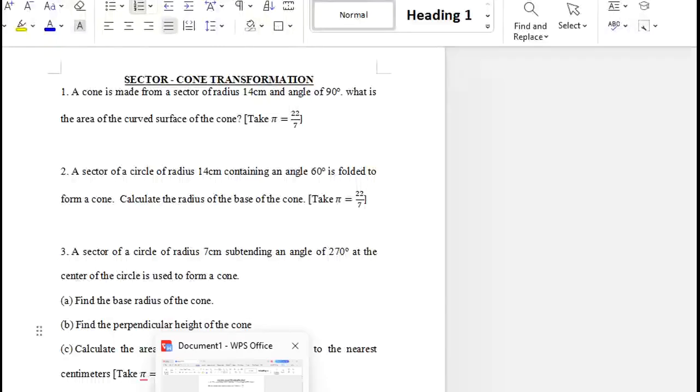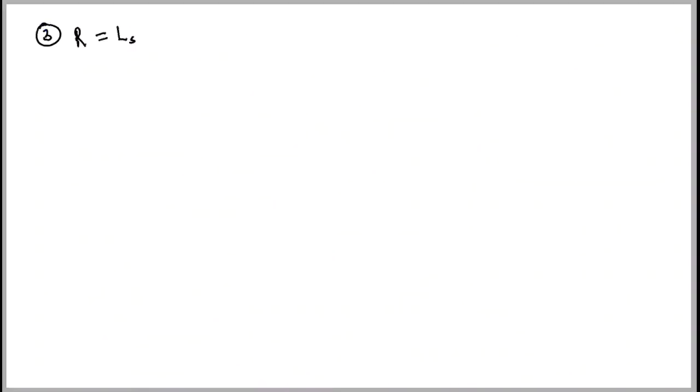So we can write that my capital R, the radius of the sector, is 7 centimeters. My R is always equal to the slant height of the cone, so it is 7 centimeters. Always equate the radius of the sector to the slant height of the cone. That's the rule here. And the angle of the sector is 270 degrees.